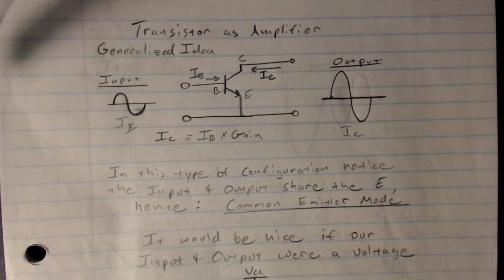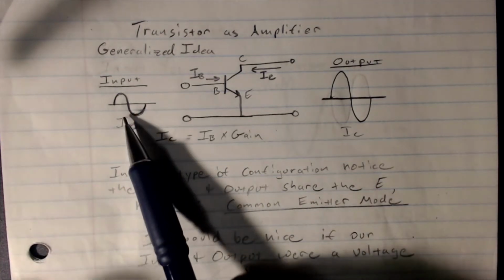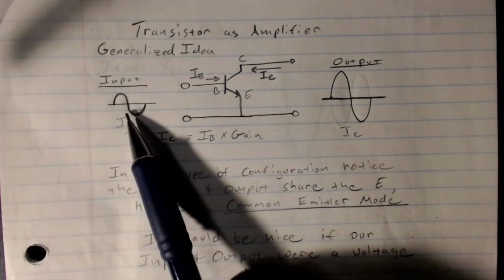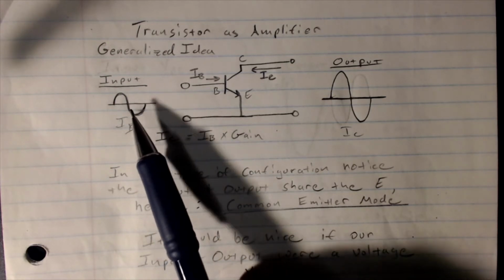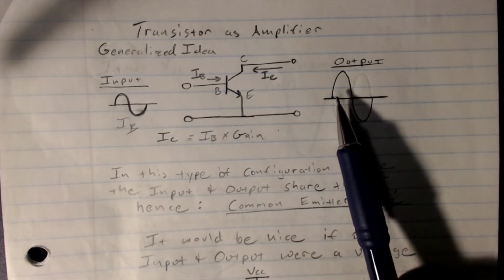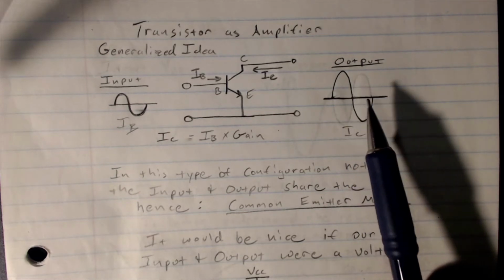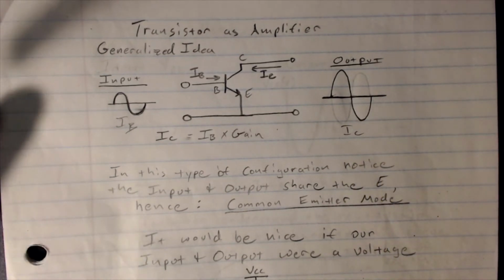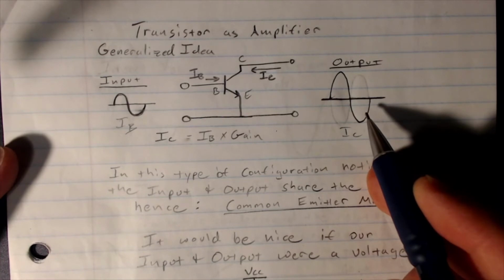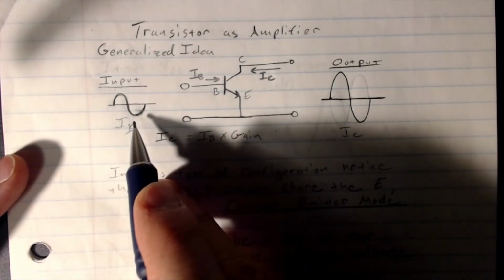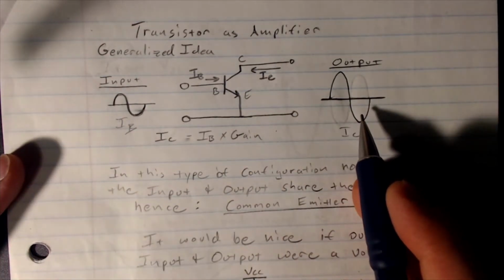But the other really big application of a transistor really is to amplify signals. We want to take something small, some small signal, maybe millivolts of change, and make that larger. We want to make it a volt or volts of change. Okay, so this is kind of the idea of amplification. We're just going to take a small changing signal and make it larger.